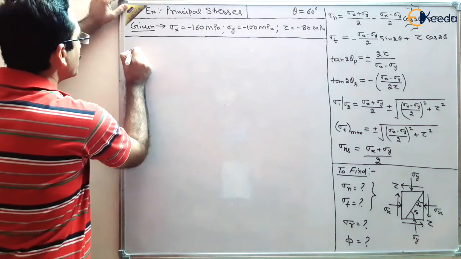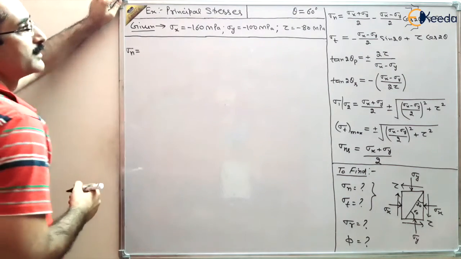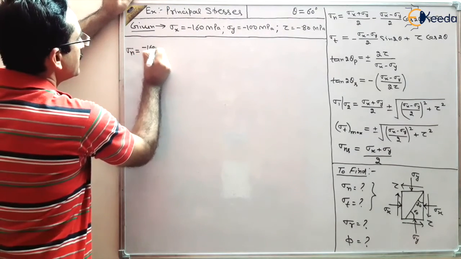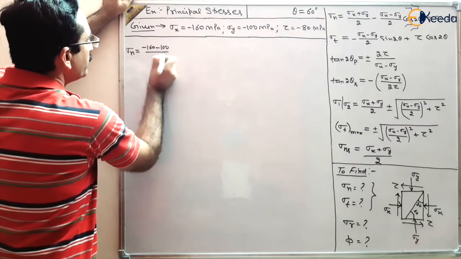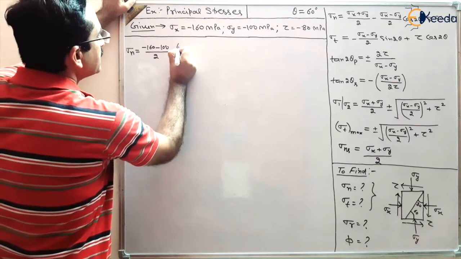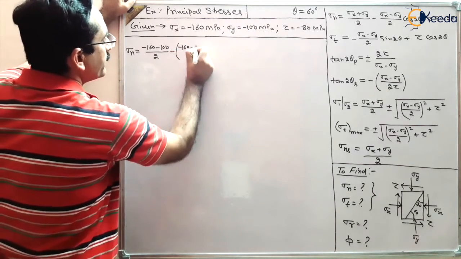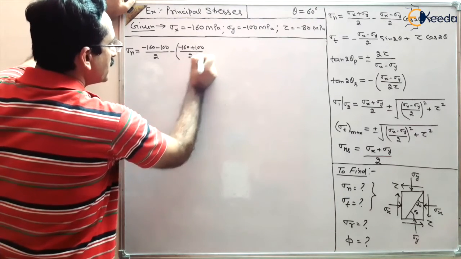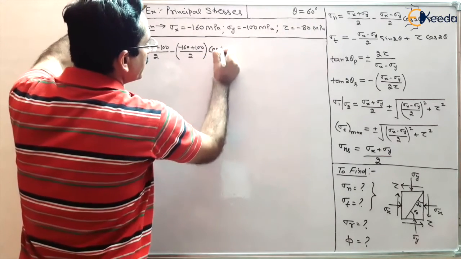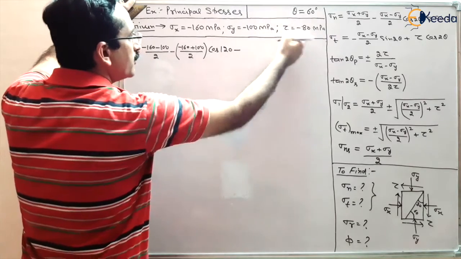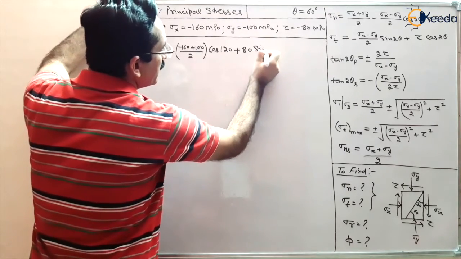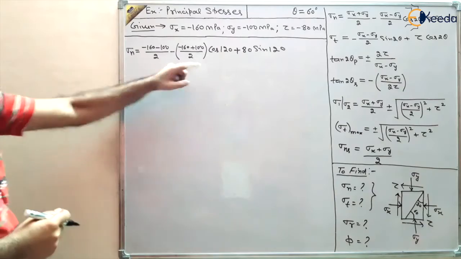Sigma n, put the formula: sigma n will be equal to sigma x plus sigma y divided by 2, minus sigma x minus sigma y divided by 2, cos 2 theta, minus tau sine 2 theta. Sigma x is minus 160, sigma y is minus 100, 2 theta will become 120, tau is minus 80, so minus minus becomes plus 80 sine 120. So this is the normal stress, right?